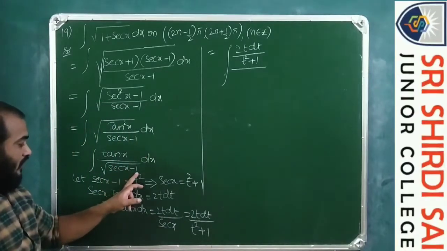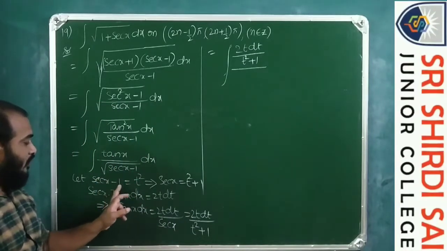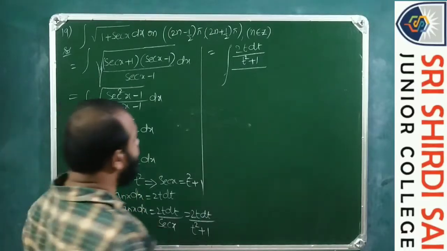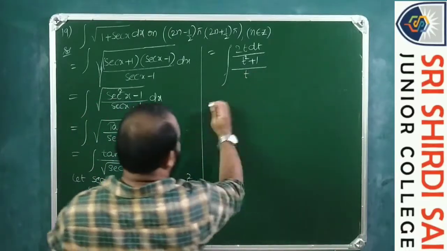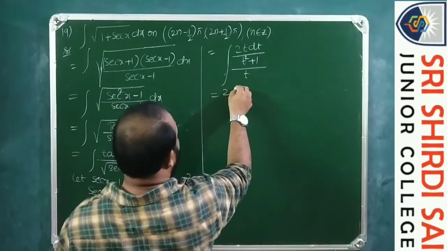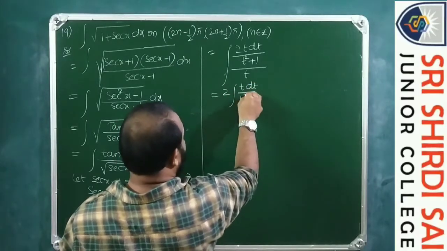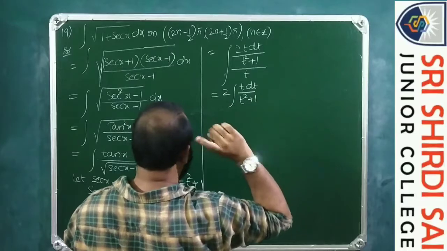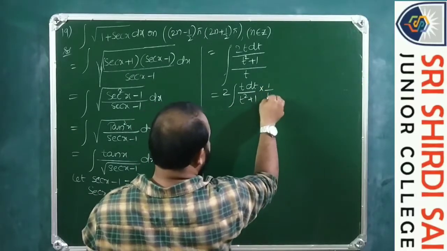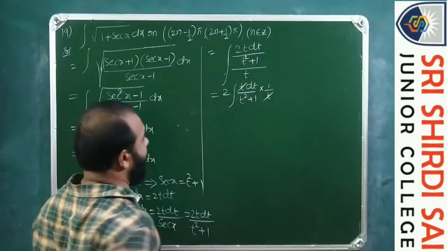secant x minus 1 is t square, root of secant x minus 1 is root t square, which is t. So this is equal to 2 integral t dt by t square plus 1, into 1 by t. T gets cancelled.